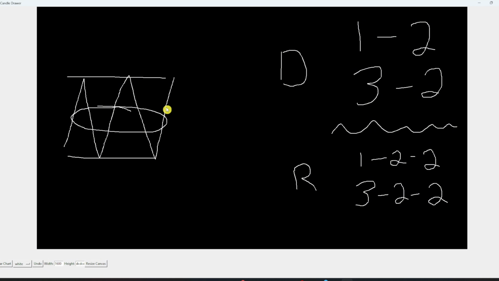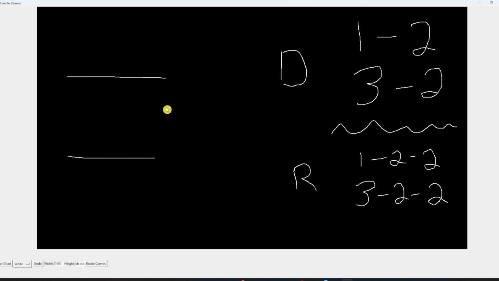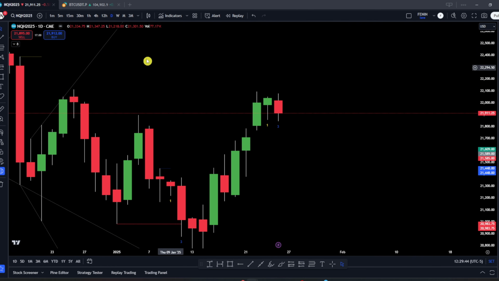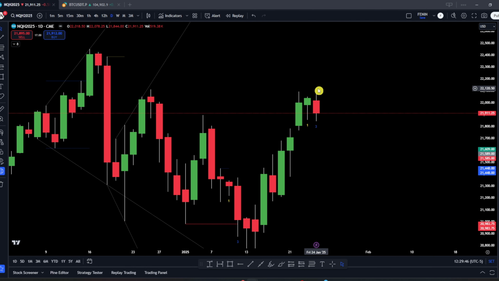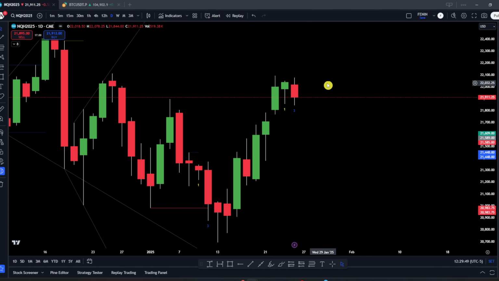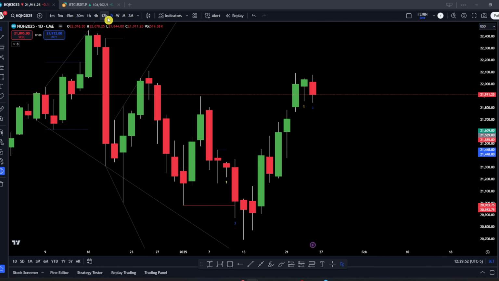You want to be trading with a narrative or with context behind your trades. So that is a quick tip when it comes down to trading these combinations, as well as when you are trading on higher time frames, because higher time frames are the bigger moves. That's why you want to be focusing on the higher time frames.